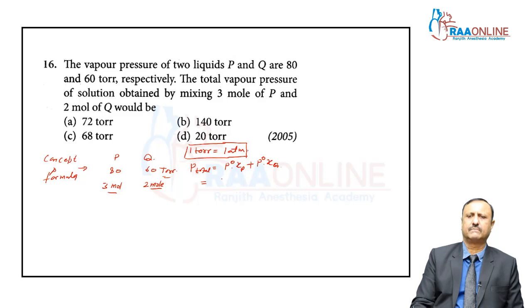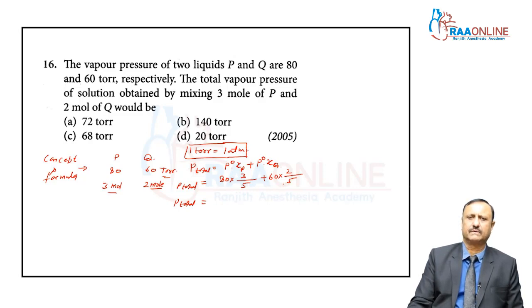Here P0 is given as 80 and this is the mole fraction, the number of moles of P, here it is given 3, over the total number of moles 3 plus 2, 5 in the solution, plus P0 of Q, it is given as 60, multiplied by the mole fraction, number of moles of Q divided by total number of moles. Now my dear students, we can solve these values: 80 into 3 by 5 plus 60 into 2 by 5.